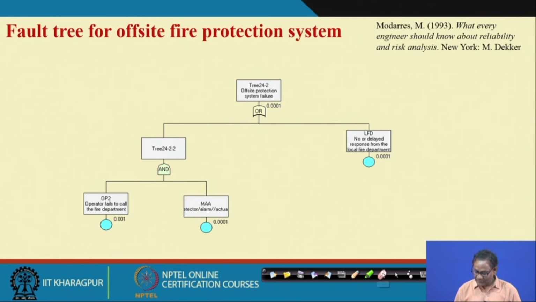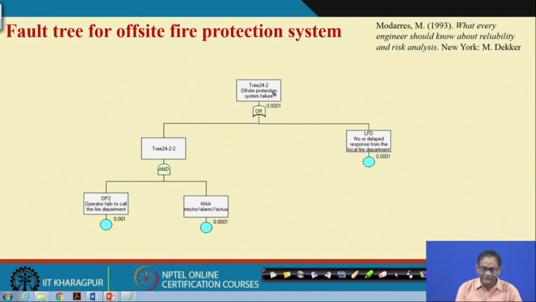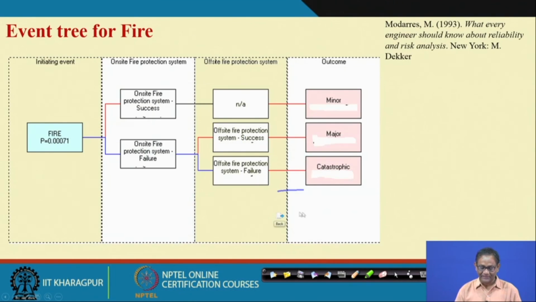Now, you can find out the upside one, that will also fail. In a similar manner you find out the fault tree for this, event tree for this. So, what I have shown you here is not only a fault tree here, but a fault tree for this also, because otherwise how do you know whether the pivotal events are working or not?